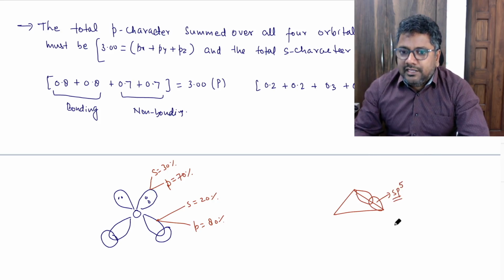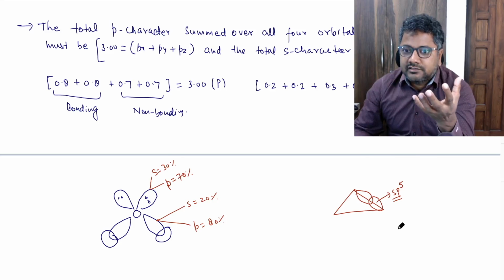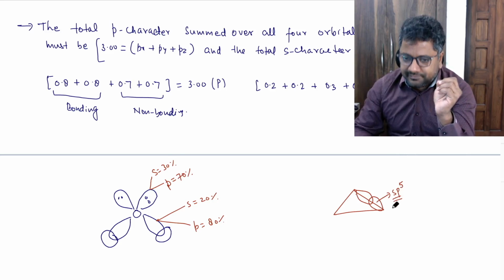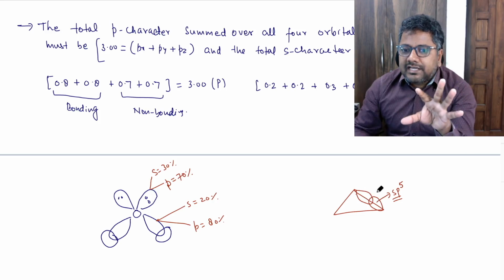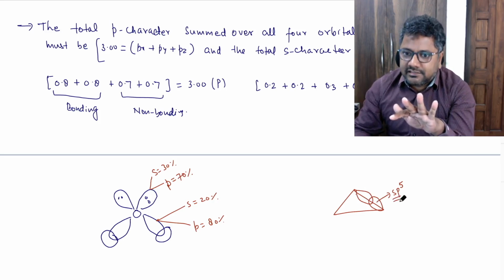So many people are afraid, okay, what is this, how is sp5 hybridization there. This is basically not like that. Due to increase in p character, we are saying that this is equivalent to sp5, right?